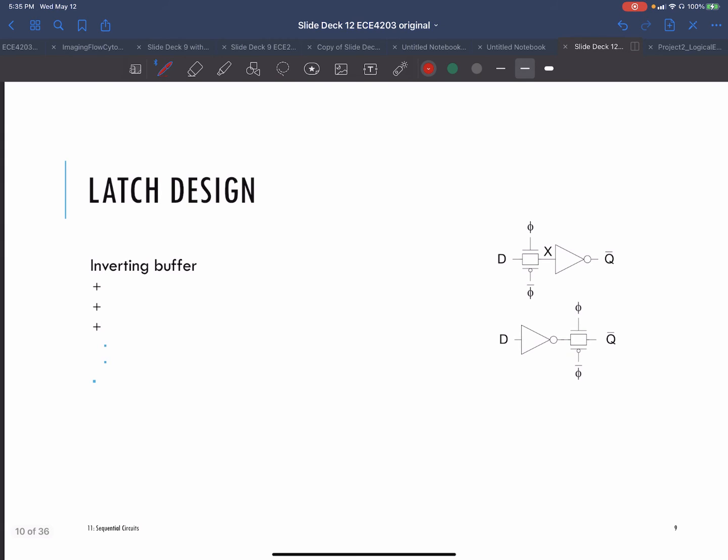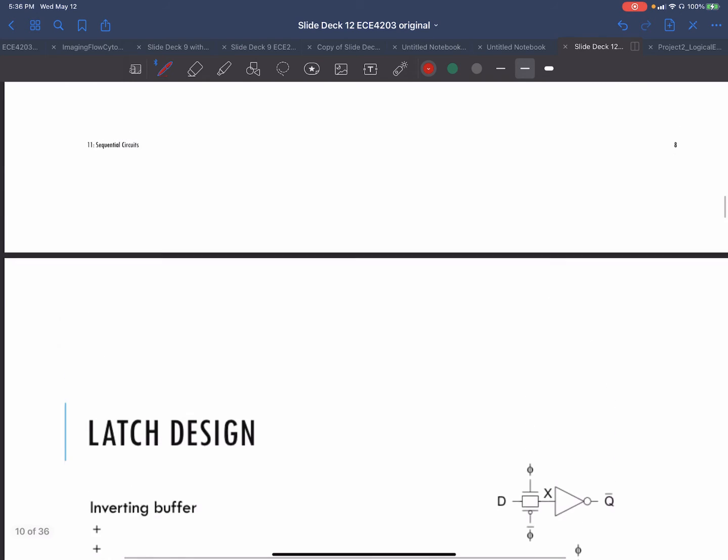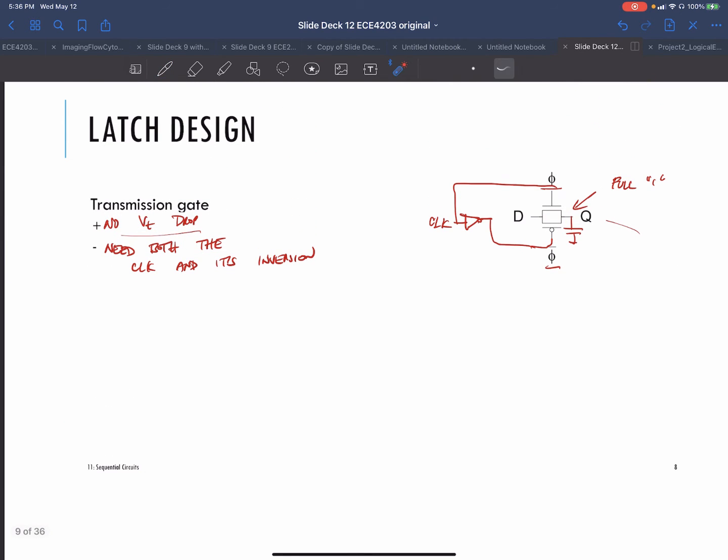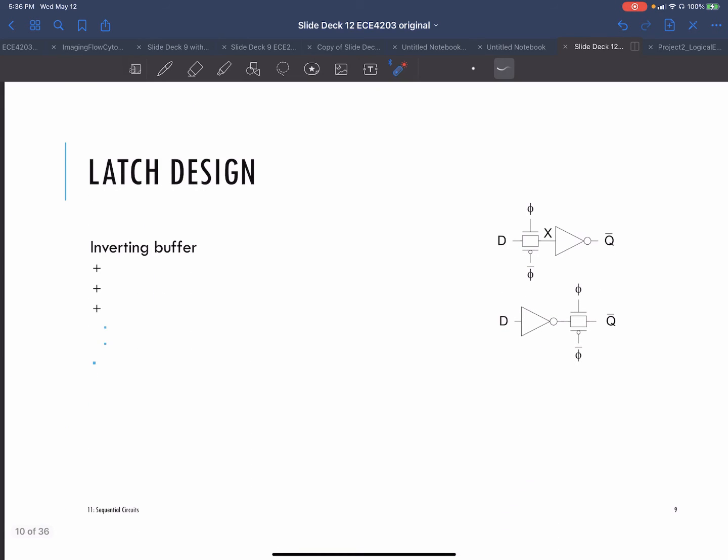The next thing people started doing, and notice all these are also causing extra power consumption because we are driving more capacitance with our clock, and we're adding more transistors.